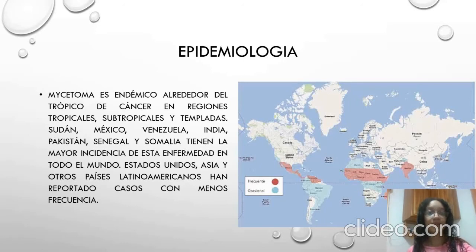For sex, mycetoma is more common in men than in women. The male-to-female ratio is 3 to 1. For age, mycetoma predominates in individuals aged 20 to 40 years.